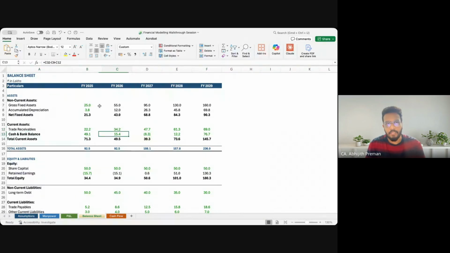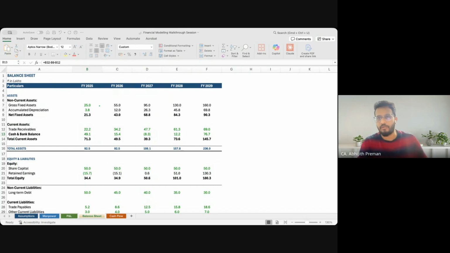Then cash and bank balance I've considered as a balancing figure here. When I say balancing figure, the assets minus liabilities has to match always. Either you can do it as a balancing figure or derive it from the cash flow. That's up to you, but for easier doing, it's better to take it as a balancing figure. But make sure that your cash balance shown in the balance sheet and the cash flow is matching.